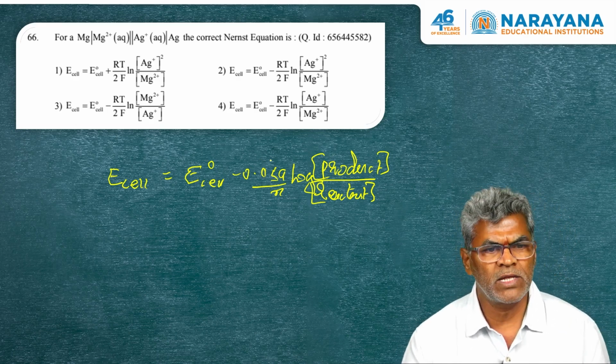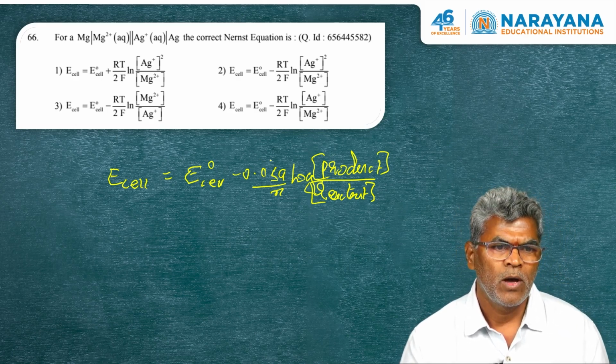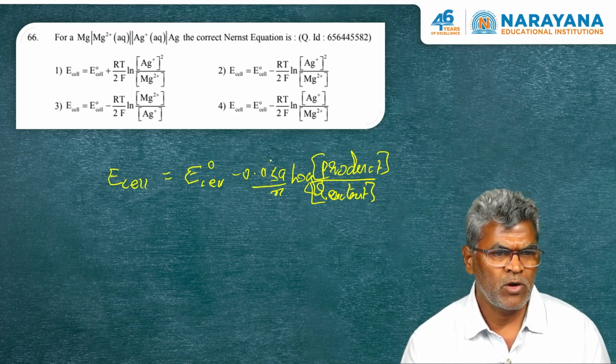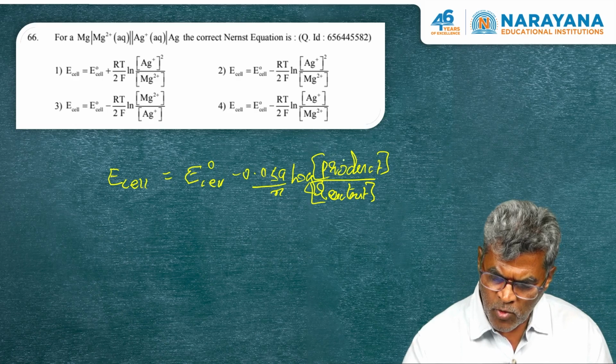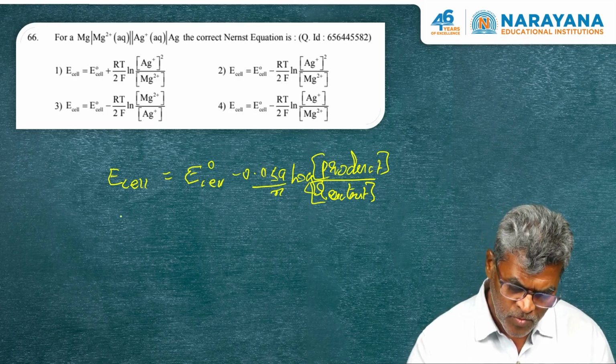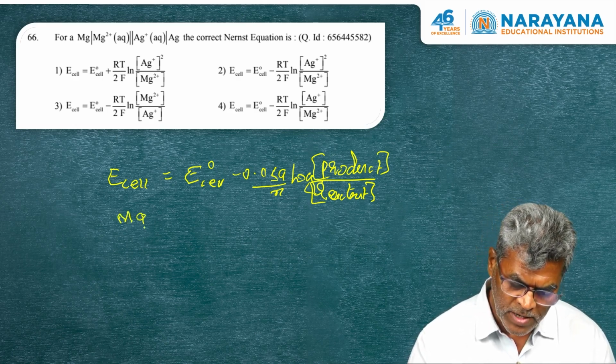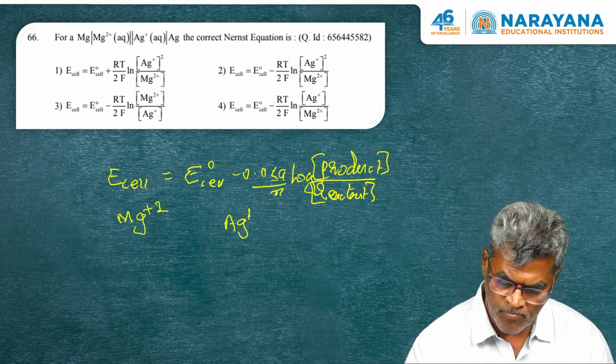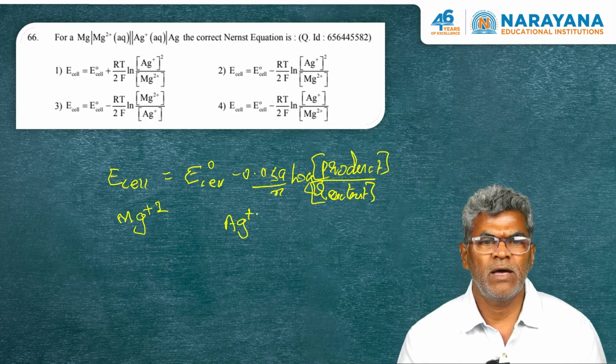RT by nF is nothing but what I have written, RT by F, okay. So, according to that, products here are Mg plus 2 ions, because magnesium is more reactive, Ag plus is the reactant.